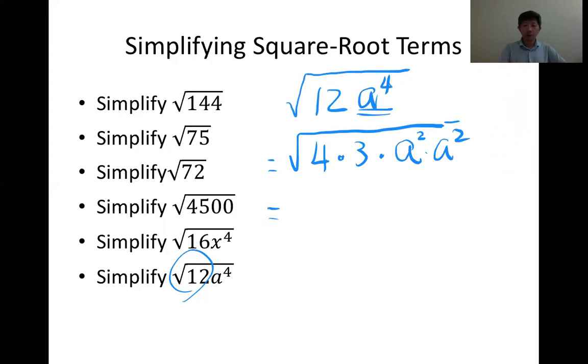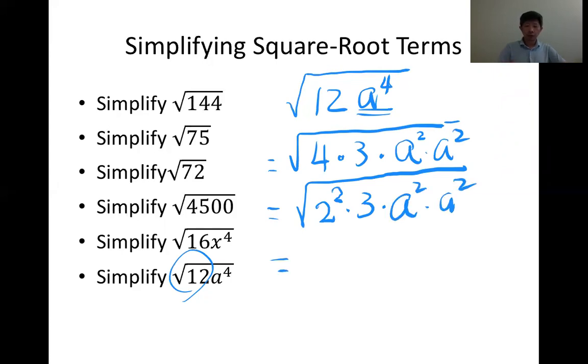Now here, I can find it out. 4 is actually 2 squared, times 3, times a squared times a squared, right? So which one can I cancel? This one, this one, this one, because they carry the square.